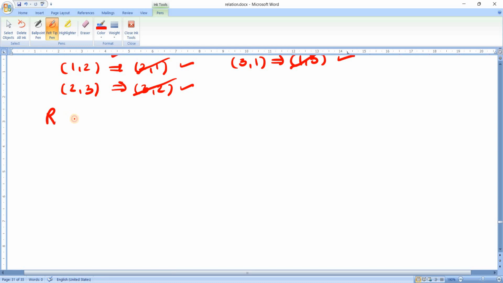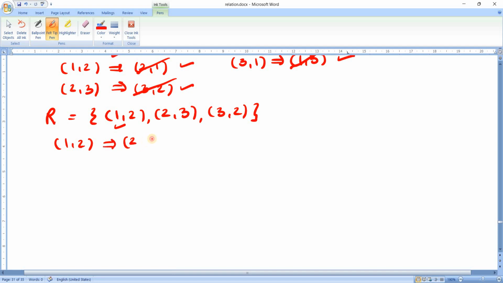Now let us see one more example. Let's say R has (1, 2), (2, 3), (3, 2). Let's check one by one. For the first ordered pair (1, 2), we should not have (2, 1), and we do not have it, so this condition is true.